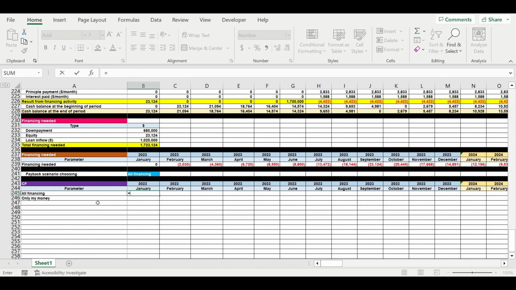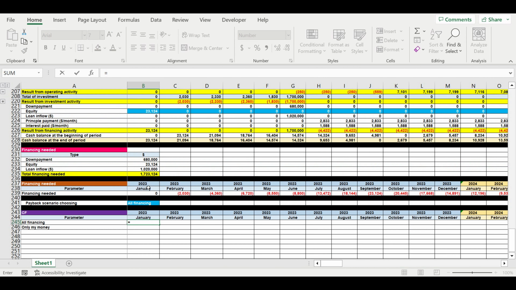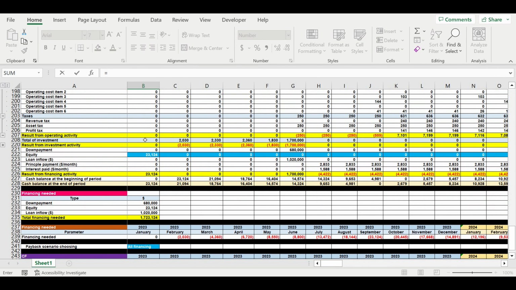The formula for this line will be: I will take the result from operating activity plus the result from investment activity, then I will take minus principal payments and minus interest payments.